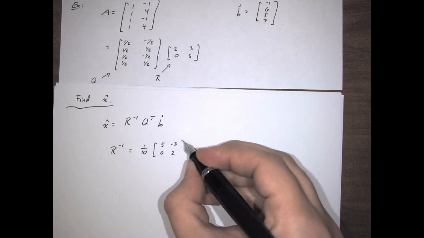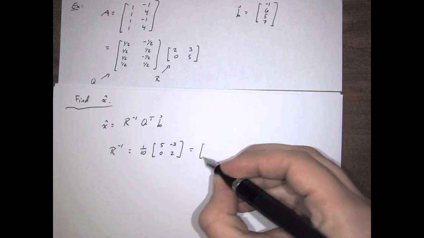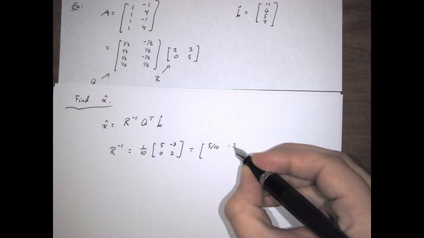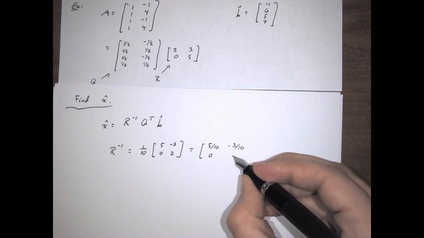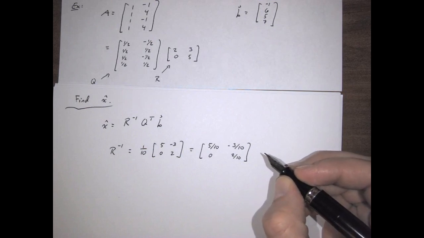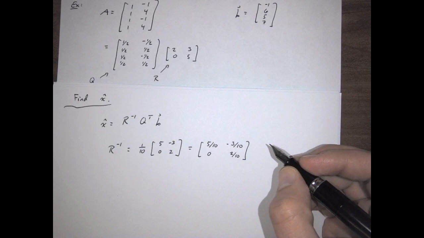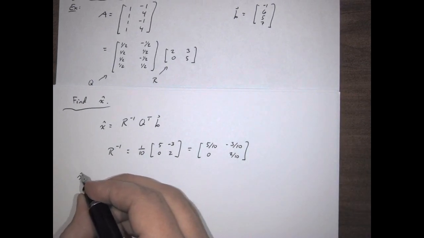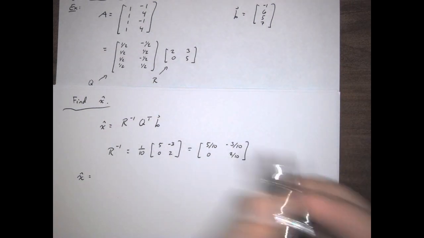So we'll write this as 5/10, minus 3/10, 0, and 2/10. Now, because of what we're about to do, it's easier if we don't actually reduce this, although we see that we can. We're about to do some computation, so it's often easier if everything has a common denominator.